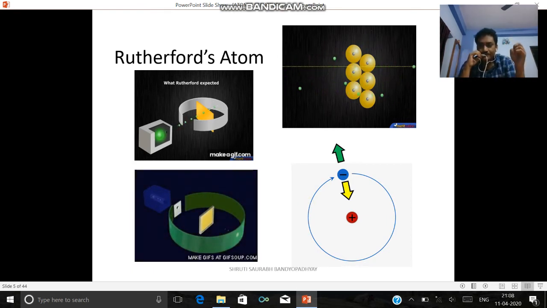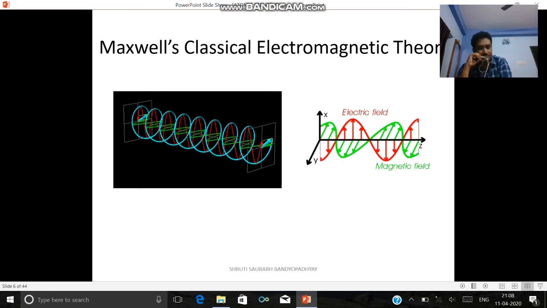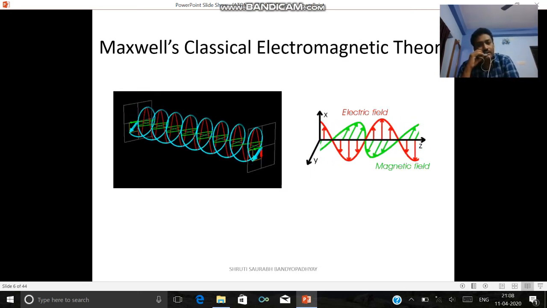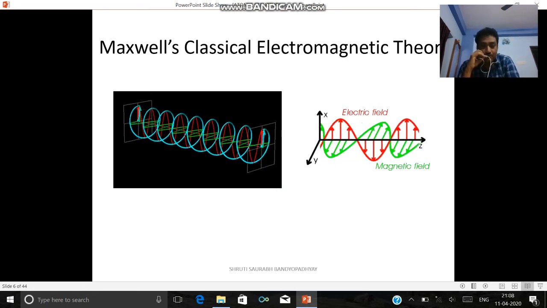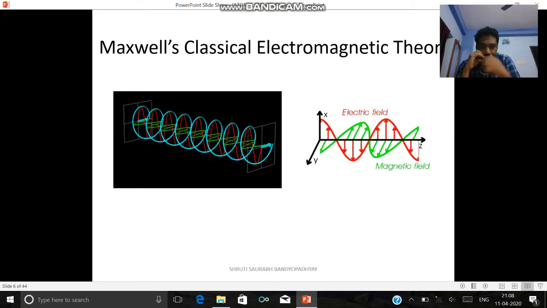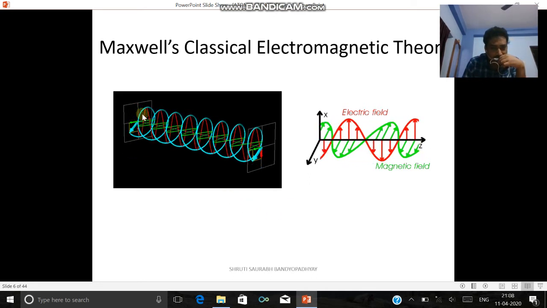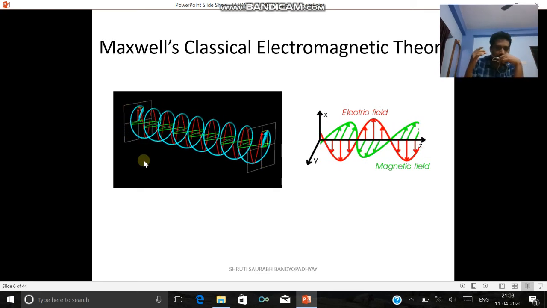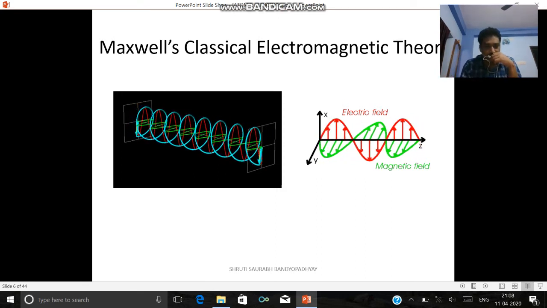But then James Clerk Maxwell's classical electromagnetic theory created the big problem. Electrons, charged particles, they move in a circular orbit. Let us assume with a constant speed like this, but its direction is changing continuously.